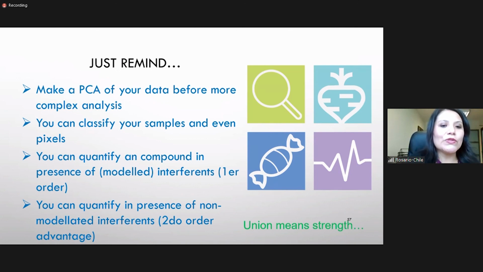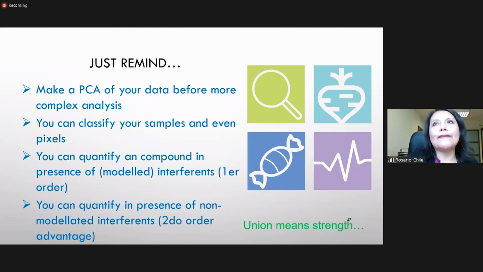So you can also quantify one compound in the presence of interference. Your interference could be in your calibration step, and this is the first order methods, or could not be, and this is the case of the second order calibration methods. So you can quantify in the presence of non-modeled interferences using the second order advantage.